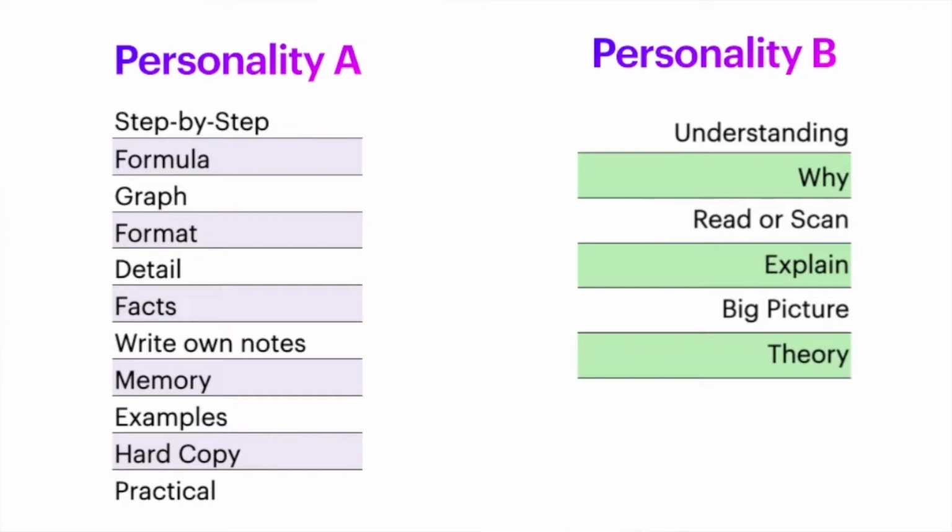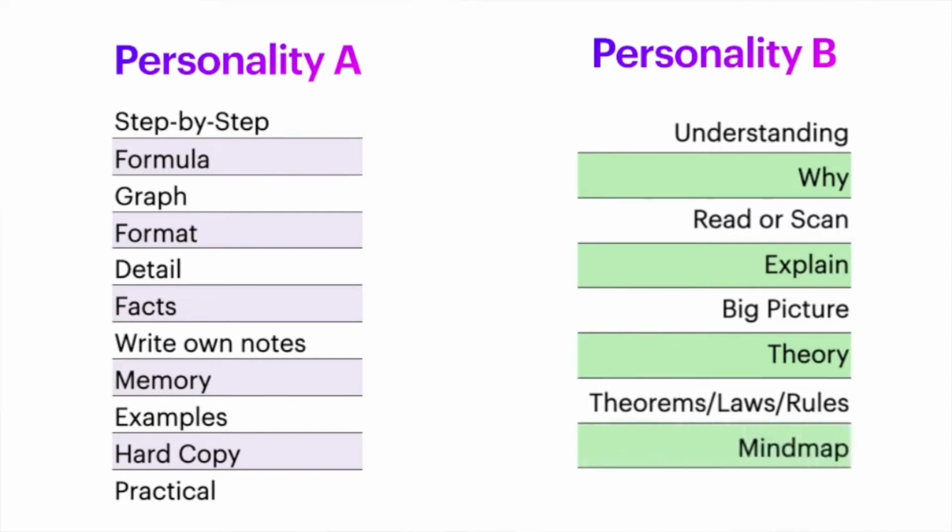When it comes to maths, unlike personality A, you prefer theorems and laws and rules and definitions first because they make sense to you, and only then, when you read the formula, you read it like a sentence of numbers and symbols. You also like a mind map. It's a short way of making your notes.